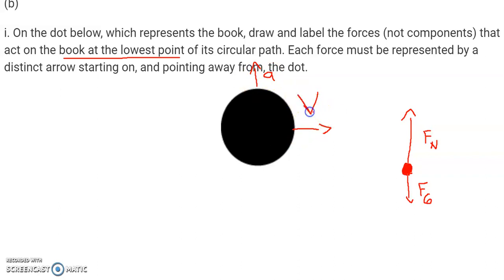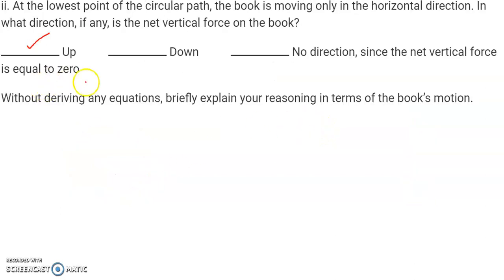Remember we said if we cut the string of the ball we were swinging around in a circle, which way would the ball go? If we cut the string here, the ball would move tangentially to the circle. So even though the ball is moving to the right, the acceleration or the force points inward, which is the up direction.